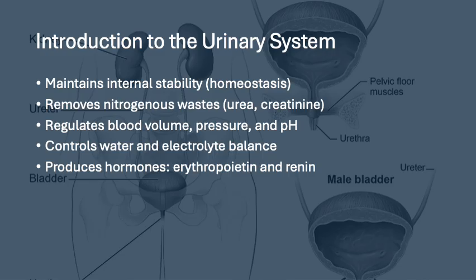It also manages electrolyte concentration and helps control blood pH by excreting hydrogen ions and reabsorbing bicarbonate. Beyond these regulatory roles, the kidneys are endocrine glands as well, producing erythropoietin to stimulate red blood cell formation in response to low blood oxygen levels.